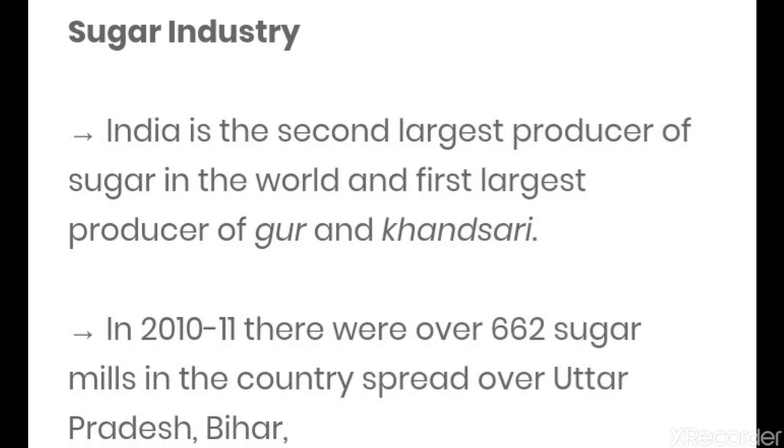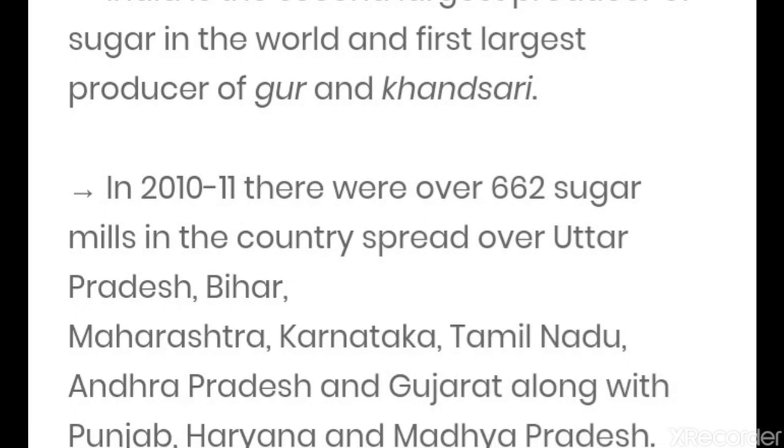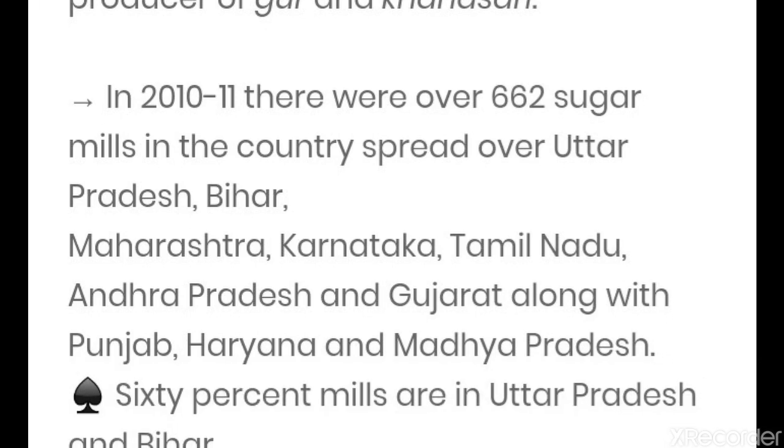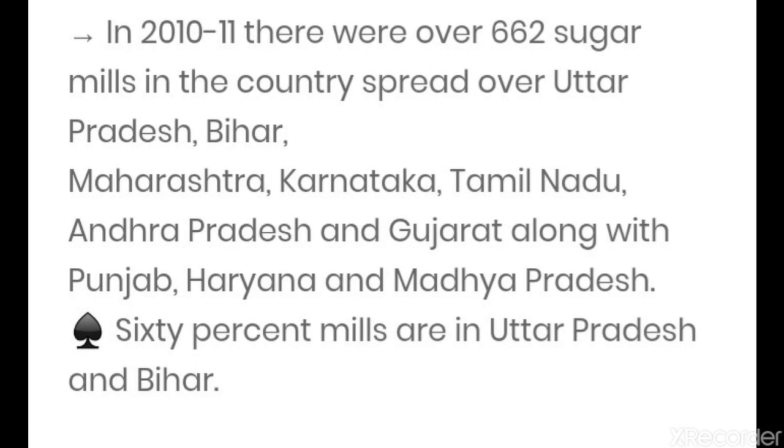In 2010-11, there were over 662 sugar mills in the country, spread over Uttar Pradesh, Bihar, Maharashtra, Karnataka, Tamil Nadu, Andhra Pradesh, Gujarat, along with Punjab, Haryana, and Madhya Pradesh. 60% of the mills are present in Uttar Pradesh and Bihar.